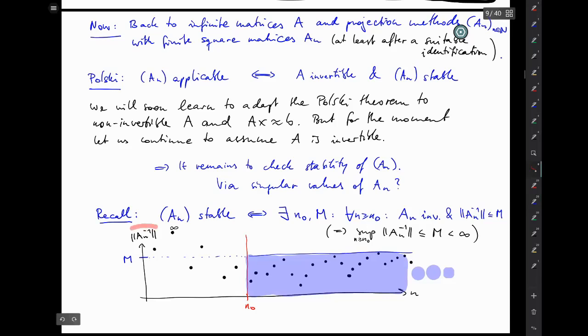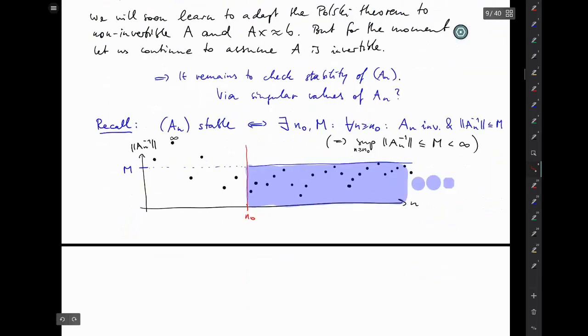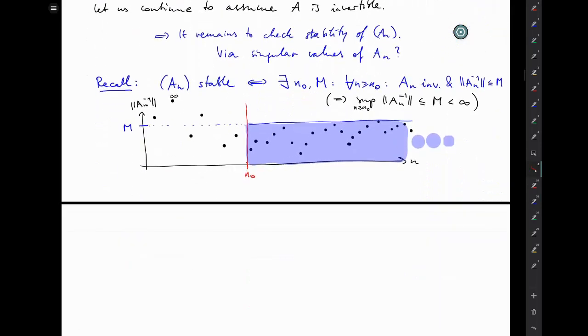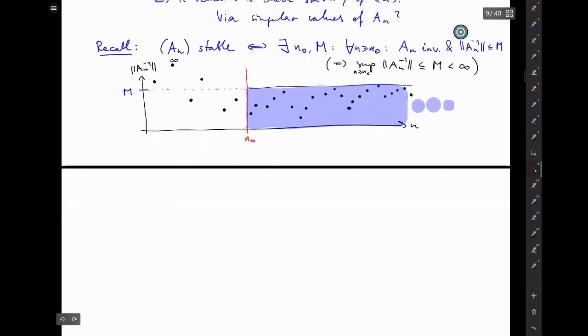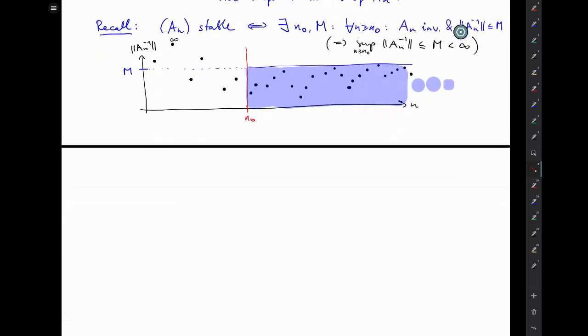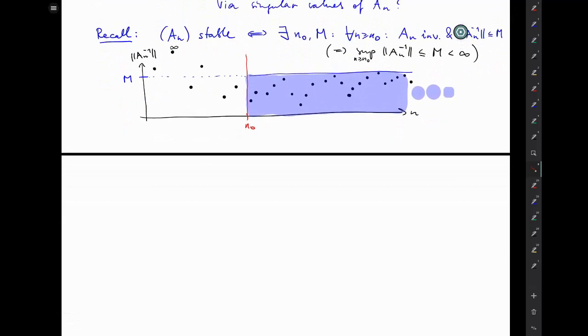Okay, now let's try to express this norm of the inverse of A_n, which is a finite square matrix, in terms of the singular values of A_n. We get a sequence of matrices A_n, and therefore a sequence of singular value sets.